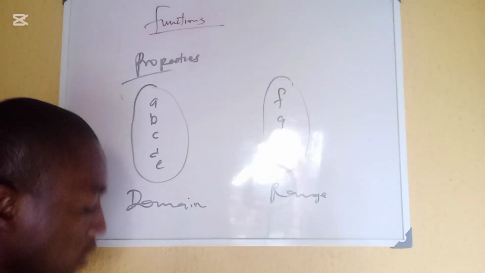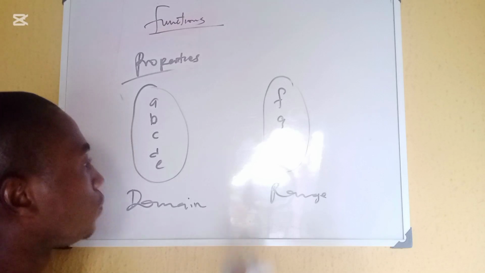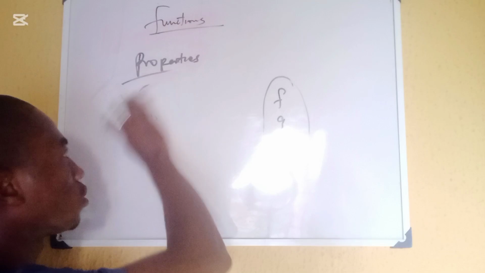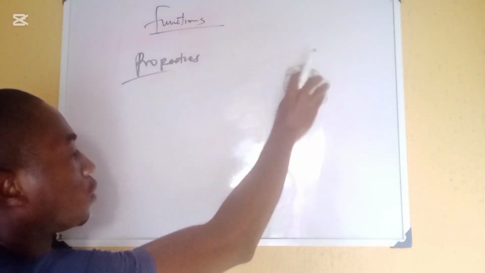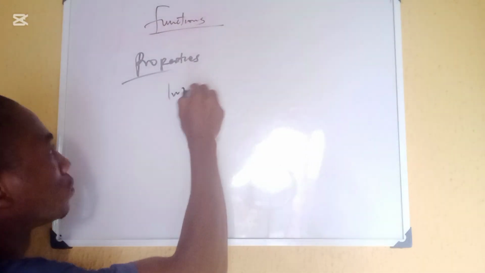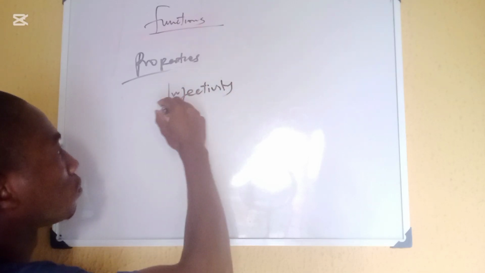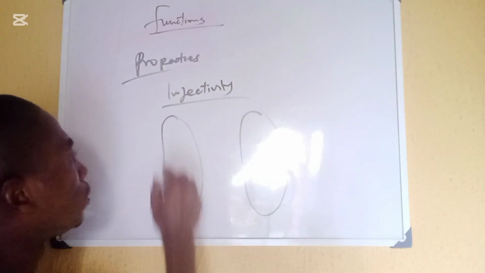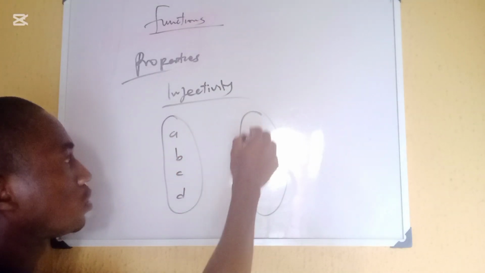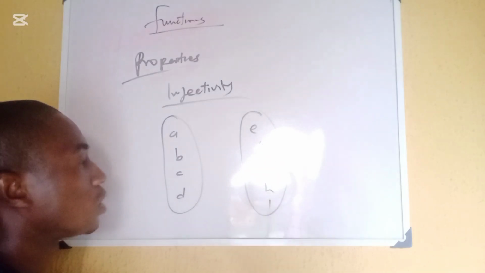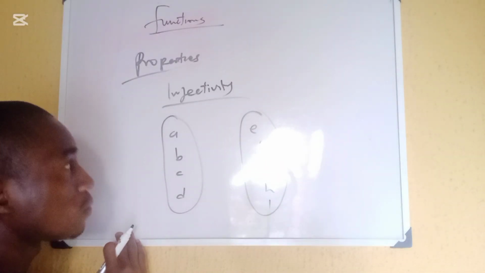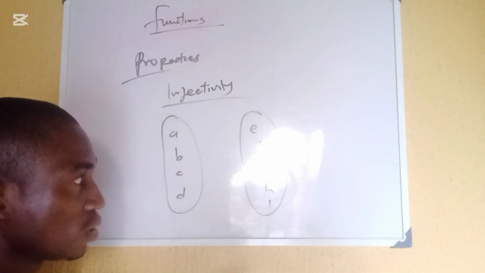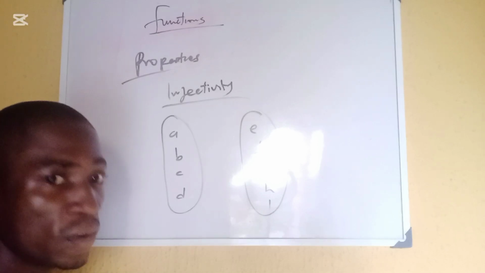So then the next property is injectivity. Injectivity is also called one-to-one function. Now, let's say we have A, B, C, D, E, F, G, H, I. So this function is injective if each output value has an input value assigned to it, but not necessarily all the output values.